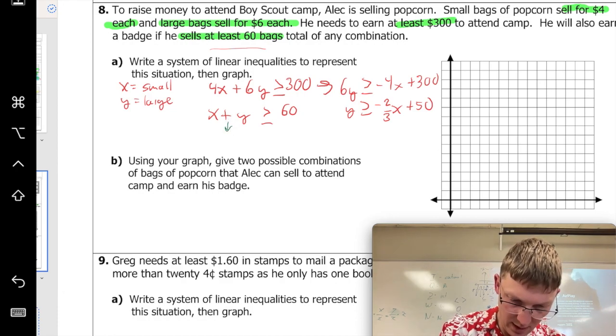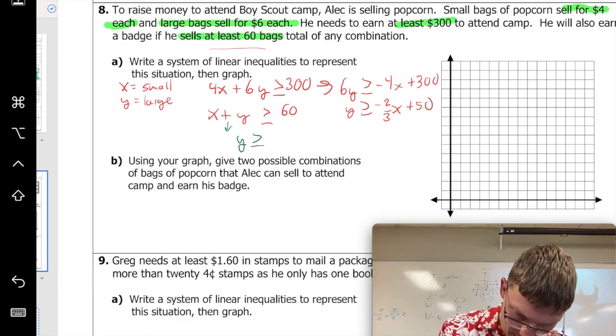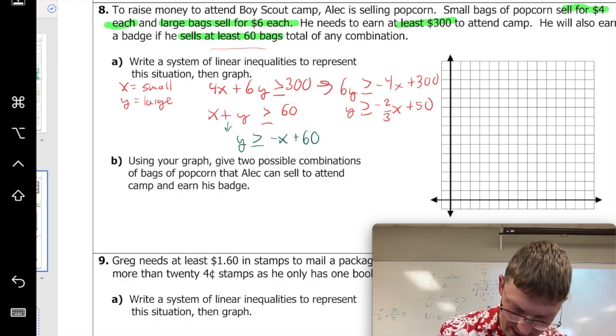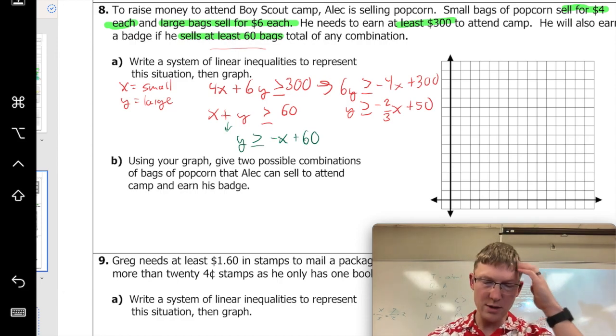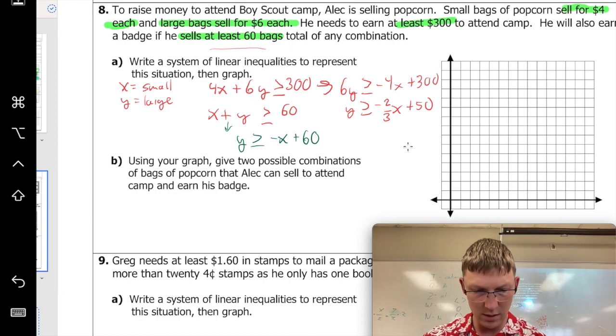Then the other one, a little bit easier equation, y is greater than or equal to negative x plus 60. So we've got our two different equations. We're going to graph them, do the inequality game, and we will be in good shape.